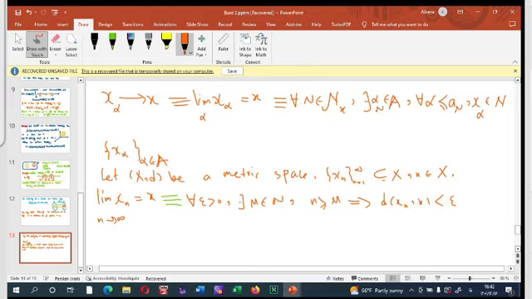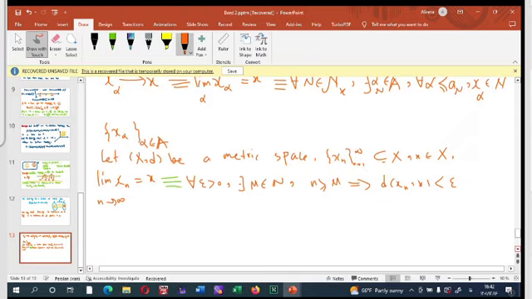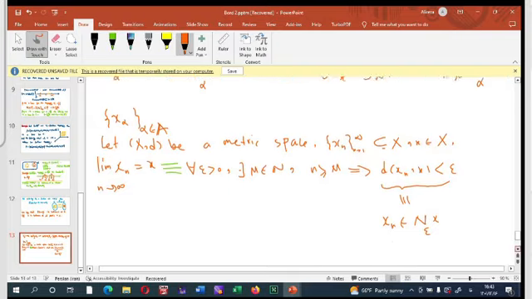But it is important that this is equal to xn belong to the ball with center x and radius epsilon. So this epsilon leads to a neighborhood.